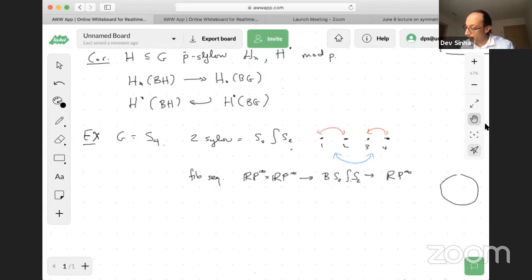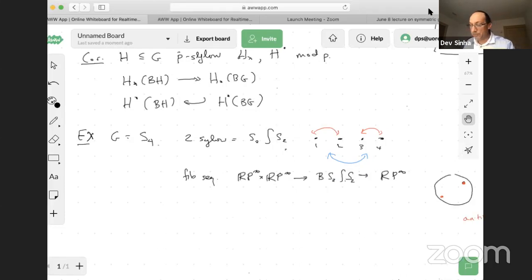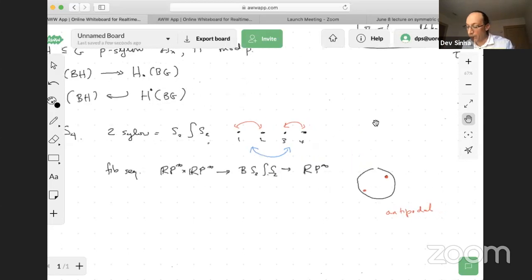Oops, let's use maybe another color. So these are antipodal. And each one of them is going to be decorated by a point in RP infinity, which I can think of as a line or I could also think of as a pair of points itself. I'll just draw them as lines.